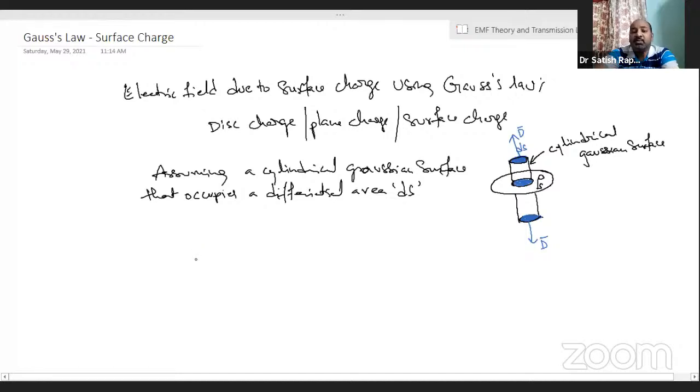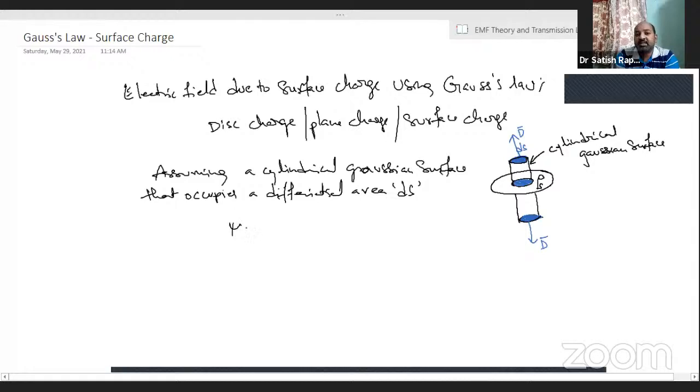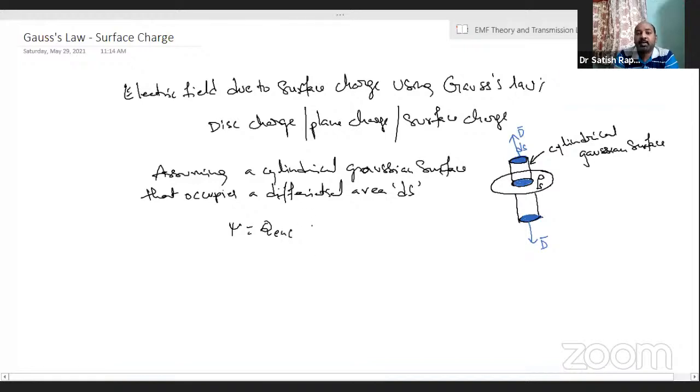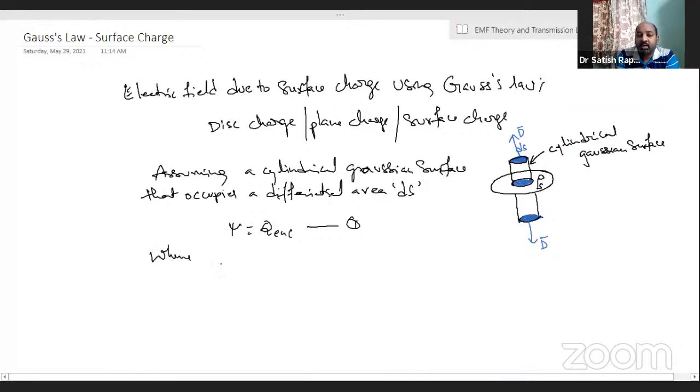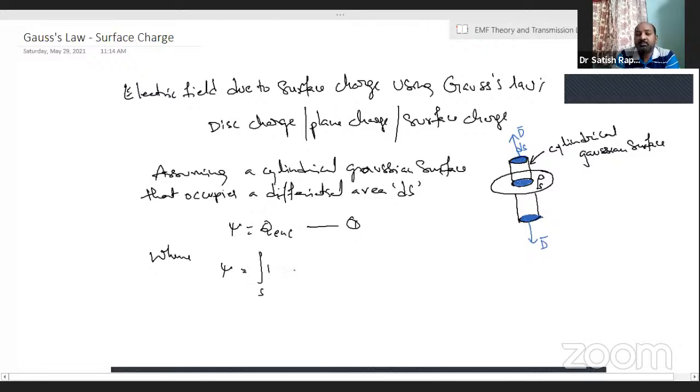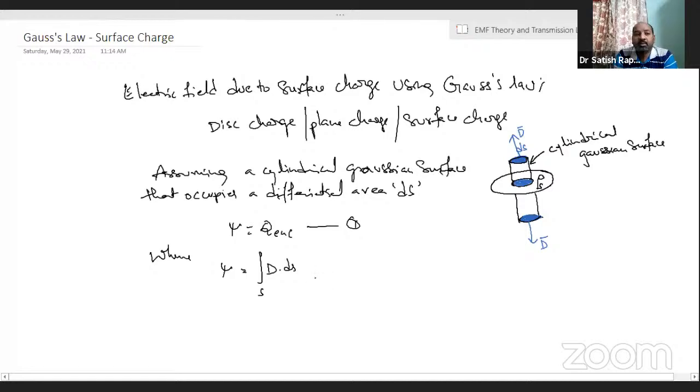So let us apply Gauss law to determine the electric field. So what is Gauss law? Psi is equal to Q enclosed, where psi is equal to the surface integral D dot dS, right?